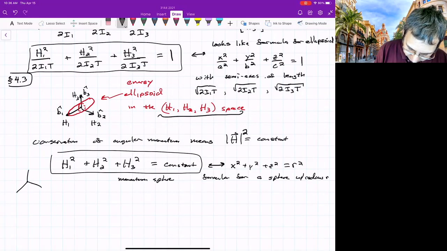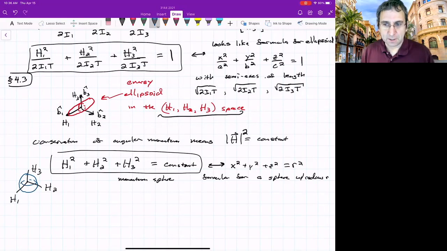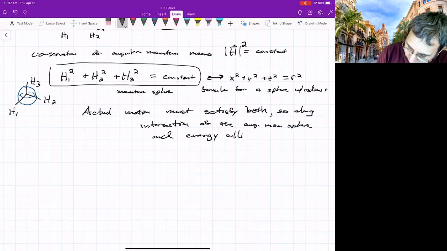So in terms of the same directions, H1, H2, H3, instead of a cigar shape, I'll do a sphere. Now, to satisfy both of these, the angular momentum has to be along the intersection of the angular momentum sphere and the energy ellipsoid.